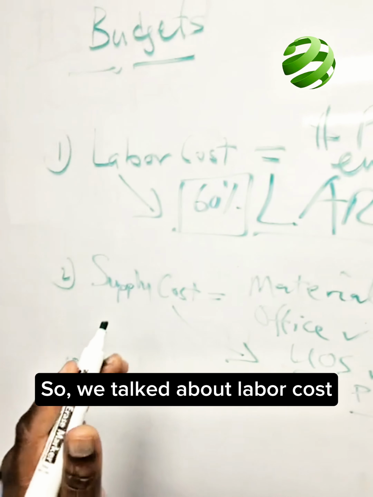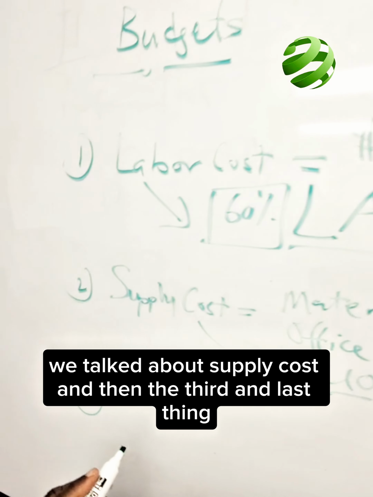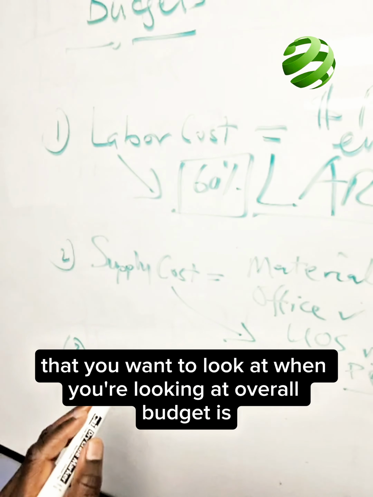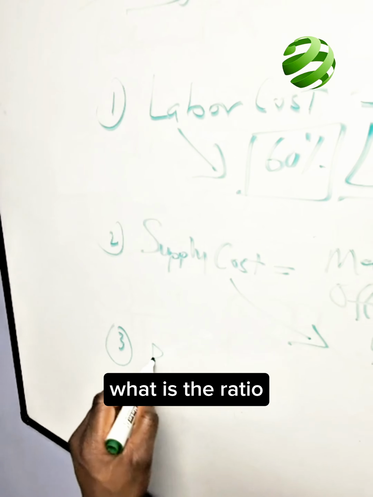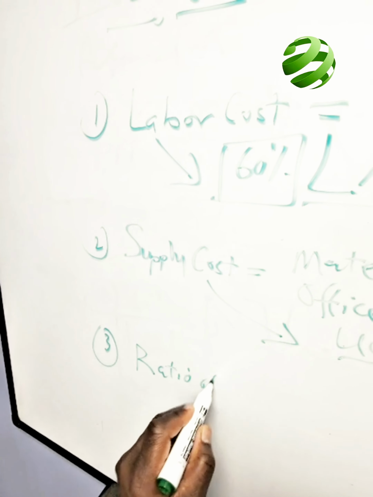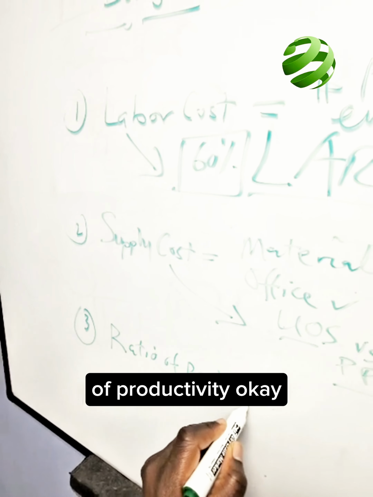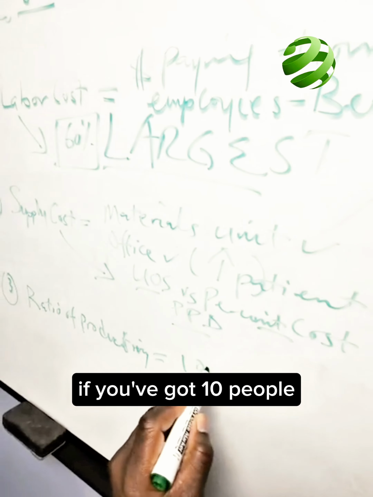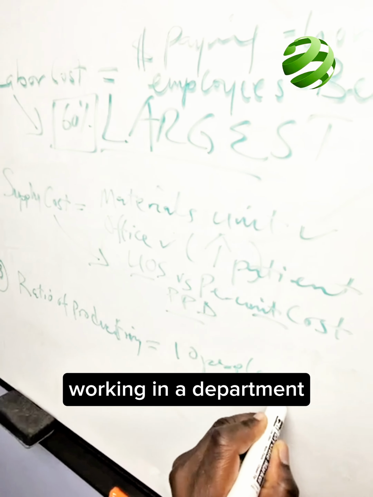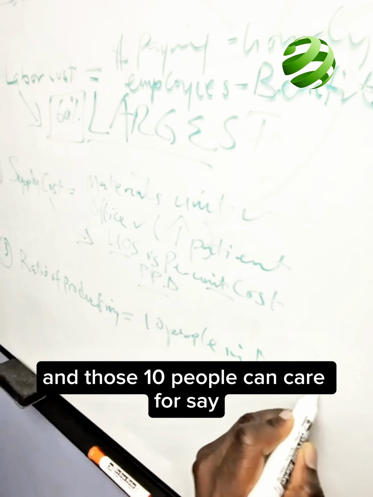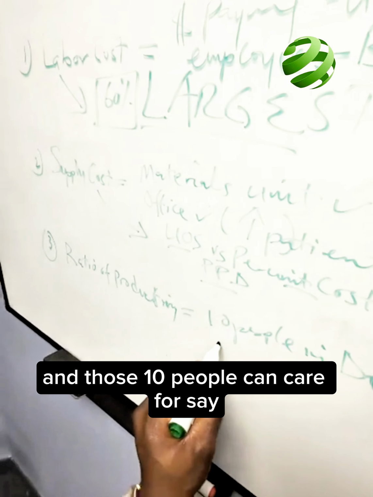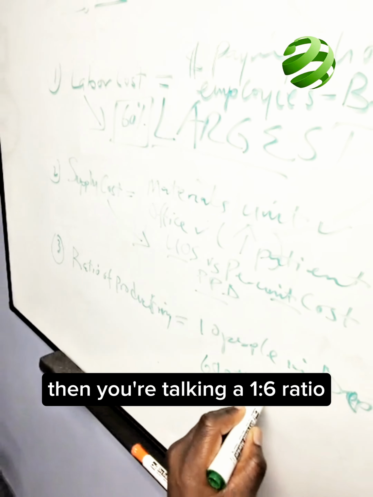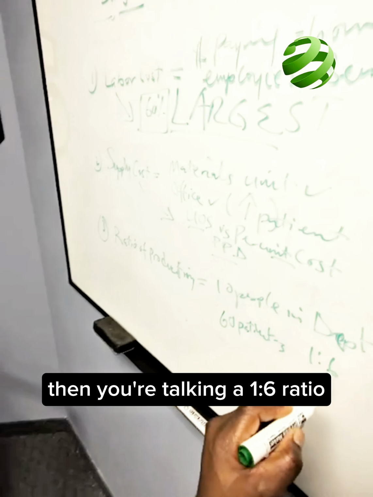So we talked about labor costs, we talked about supply costs, and then the third and last thing that you want to look at when you're looking at overall budget is what is the ratio of productivity, okay? And so the way you look at this is like, okay, if you've got 10 people working in a department, and those 10 people can care for, say, call it 60 patients, then you're talking a 1-to-6 ratio.